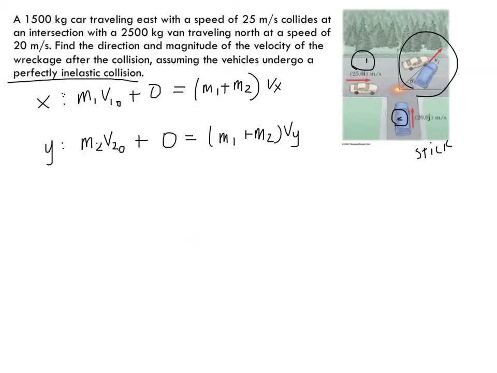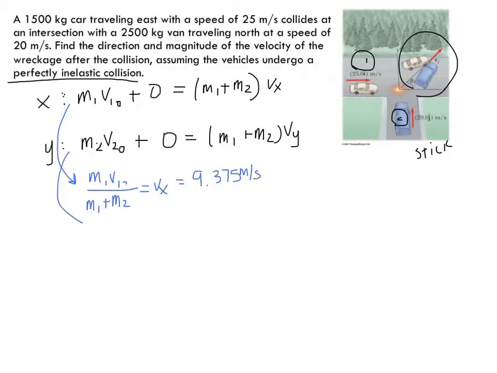So for the first one, we can solve for our velocity in the x direction, and that is M1 V1 naught over M1 plus M2 is equal to our velocity in the x direction. When you plug in all of your numbers, you should get a value of 9.375. I'm going to go ahead and carry all those numbers right now.